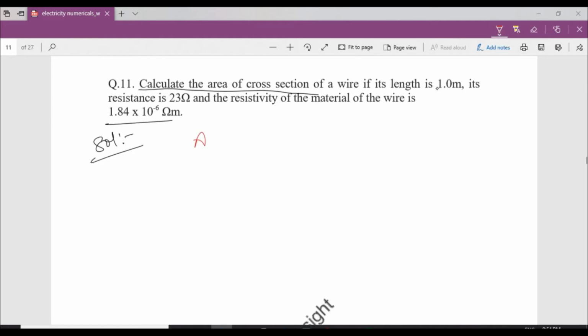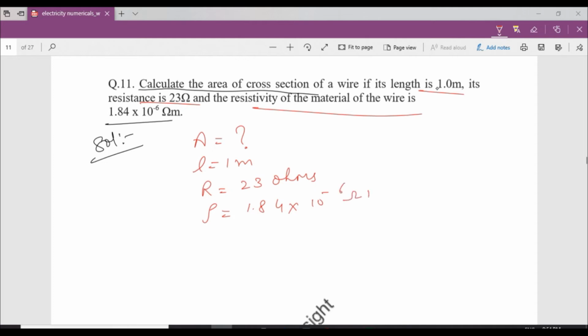So the area of cross section of the wire we need to evaluate. Its length is given to us, that is 1 meter, and its resistance is 23 ohms, and the resistivity of the material is 1.84 into 10 raised to the power minus 6 ohm meters. Okay, so we need to evaluate the area of cross section.